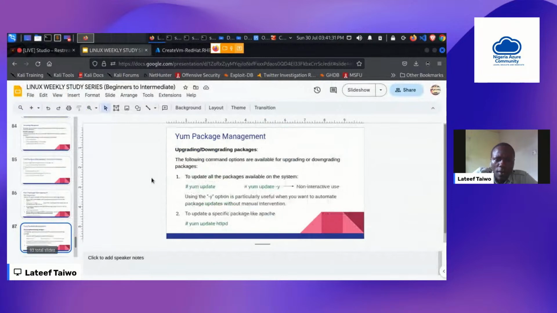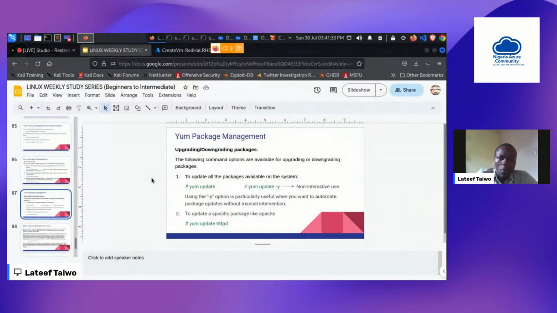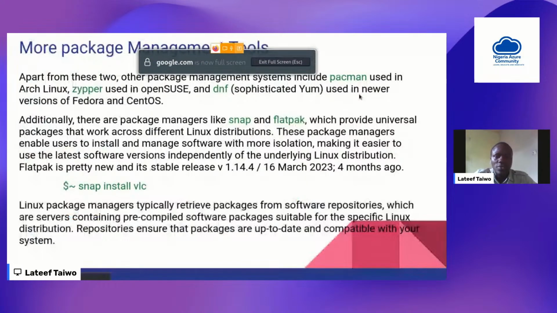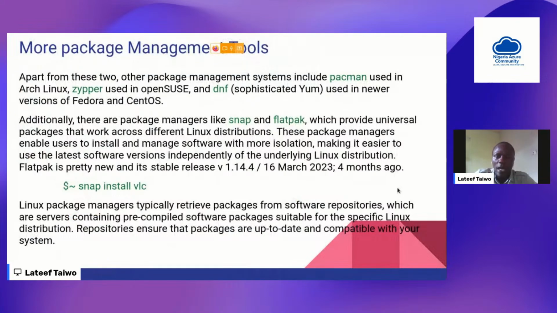So while this is on, let's talk about other package management tools. We have Pacman, which is used in Arch Linux, another Linux distribution, and we have Zypper, which is used in openSUSE, and we have DNF, which is like a higher or more sophisticated version of Yum, very useful in Red Hat-based enterprise systems such as Red Hat Enterprise Linux, Fedora, or CentOS.